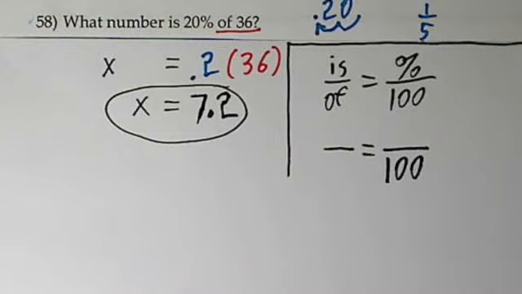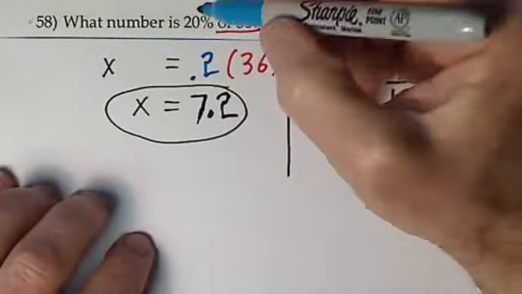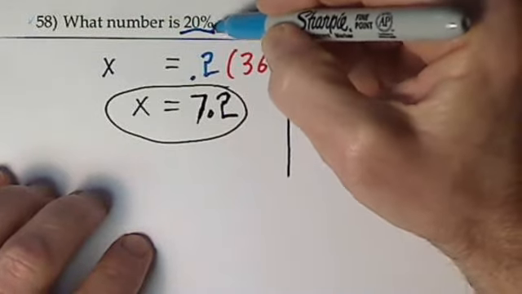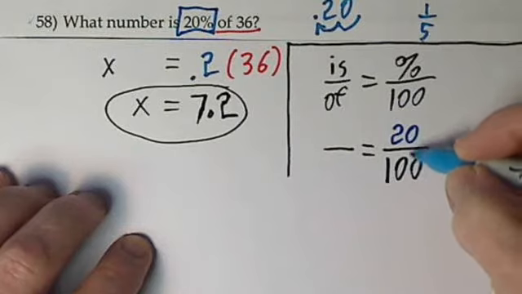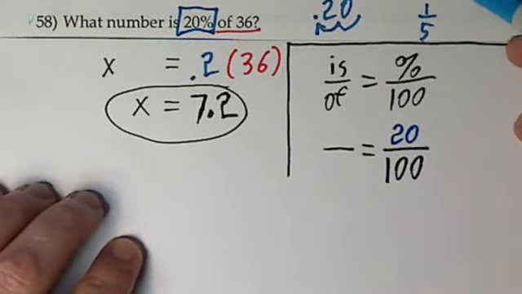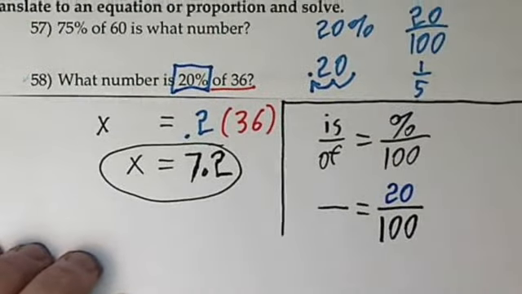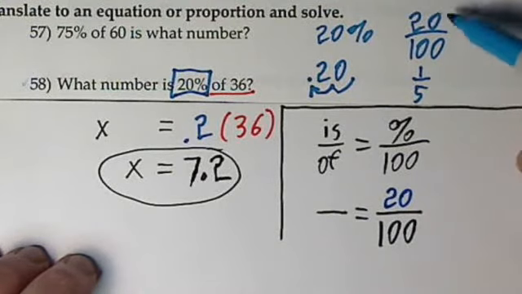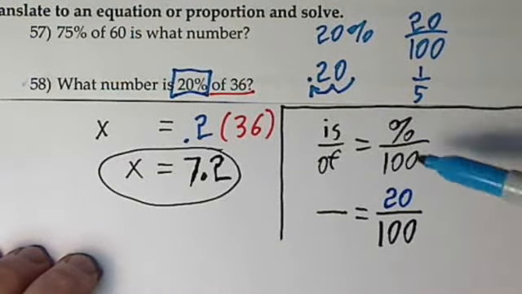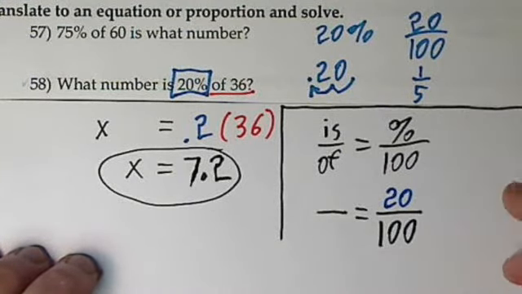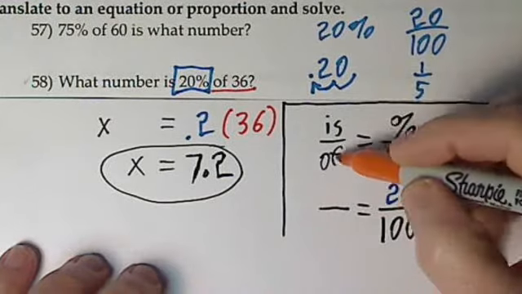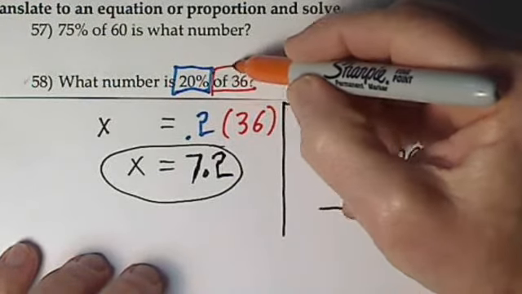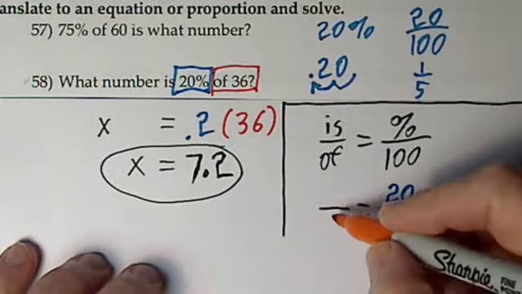And let's see, we have 20%. Alright, that's 20 over 100. So if you use the proportion method, you do end up, oh sorry, I'm not showing it. You do end up writing it in this form, okay? But anyway, following this proportion method, you have 20 over 100, and then for the word of, that is right next to our number 36.